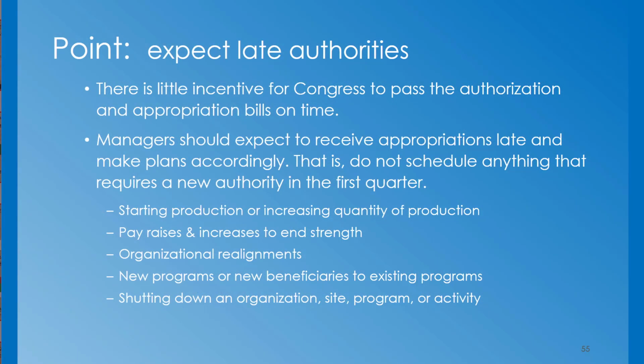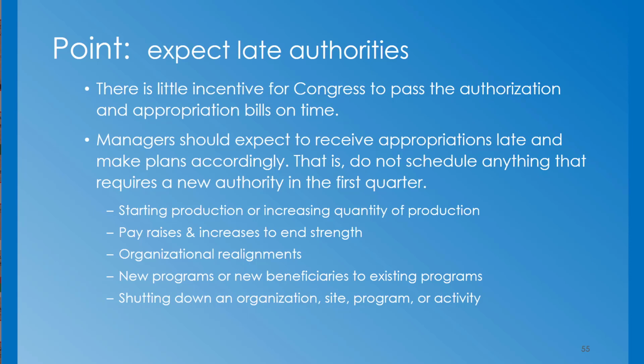So what's the point? The point is there's little incentive for Congress to pass the authorization and appropriation bills on time. That's a topic for another day. But managers should expect to receive appropriations late and to make plans accordingly. That means we should not be scheduling things that require new authority in the first quarter of the fiscal year.